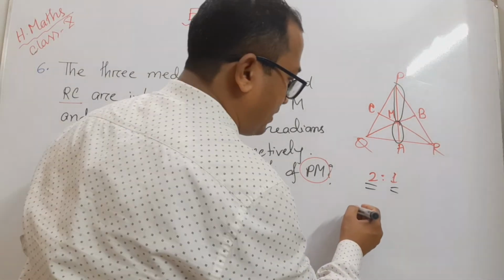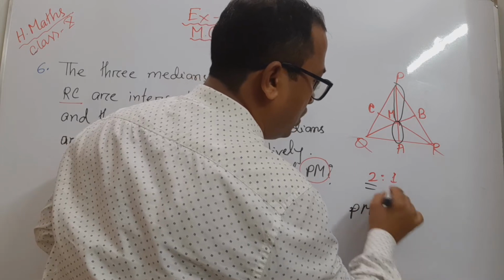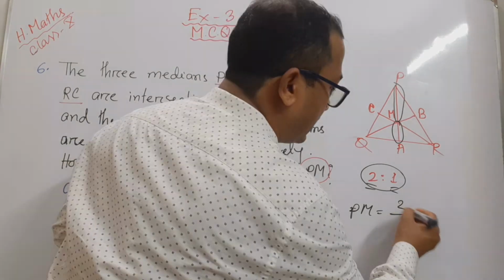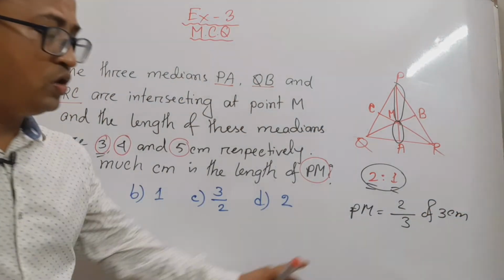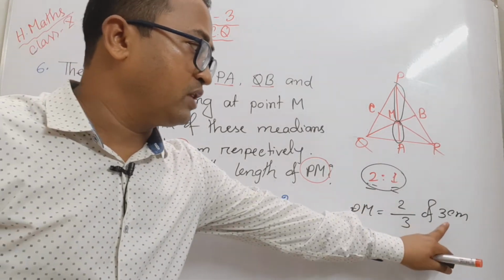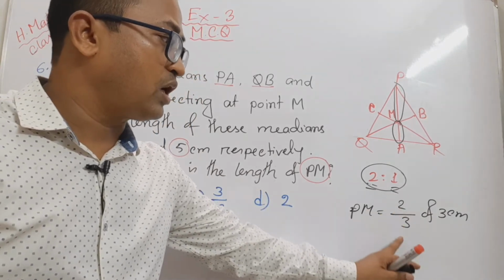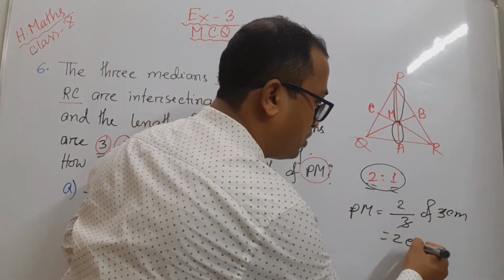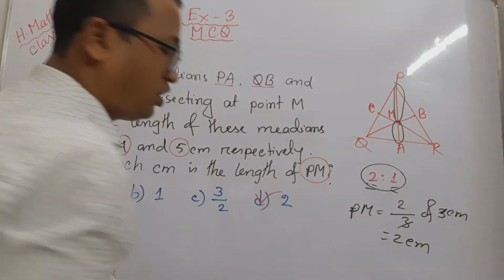So PM is 2/3 of 3 cm. Total 2 parts out of 3 parts, and the total length of the median is 3 cm. If you cancel it, you will get 2 cm. So our correct answer is option D.